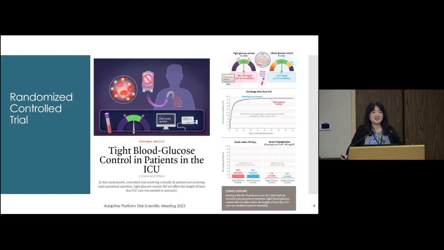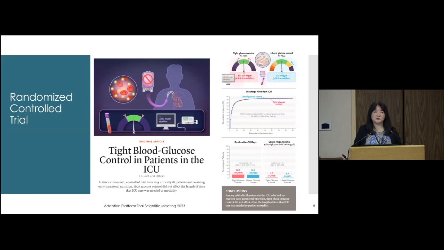They recruited 9,000 plus patients, 4,600 in each arm. One is the tight control arm. The other one is the more liberal sugar control. Their outcomes looked at discharge from the ICU, 90-day mortality, and complications like hypoglycemia.